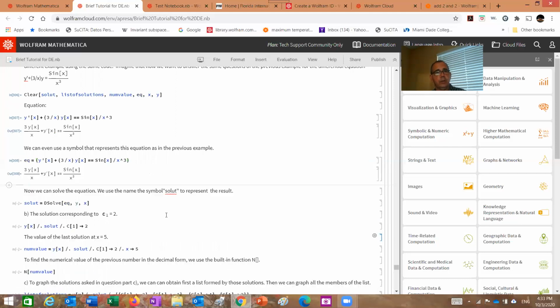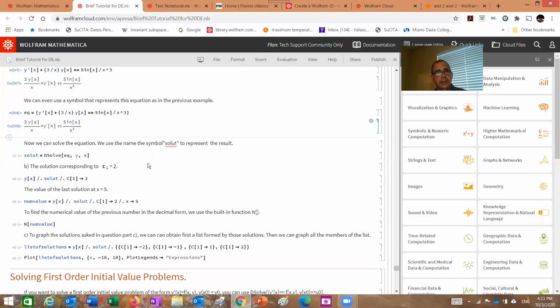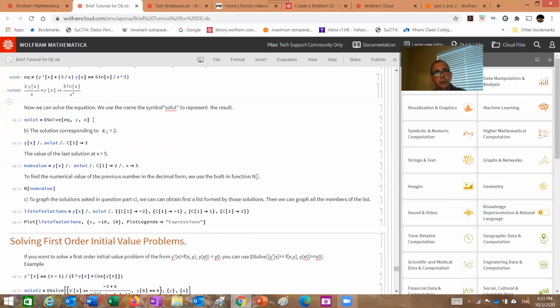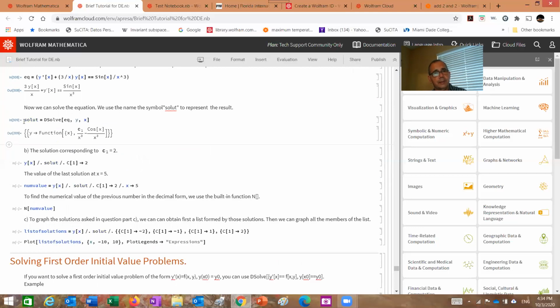Okay, and then we are going to use the variable eq to name that differential equation. And then we are going to use DSolve to find the solution of that equation. The equation is represented by eq. And we're going to get the solution given as a pure function or a family of pure functions with respect to x, and we're going to use solut to represent that. Solut represents this.